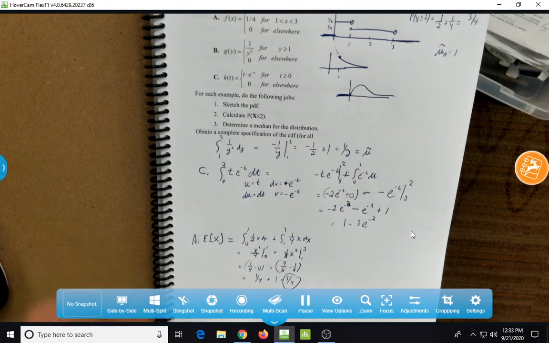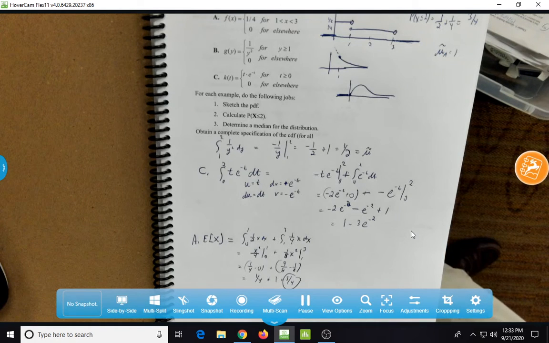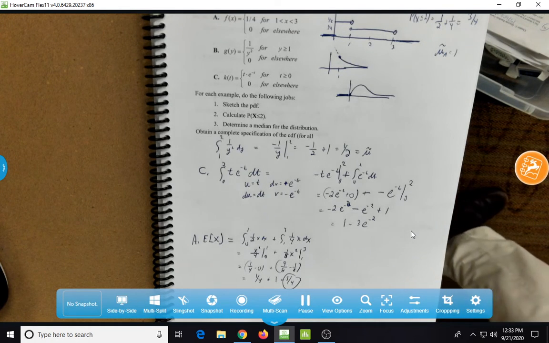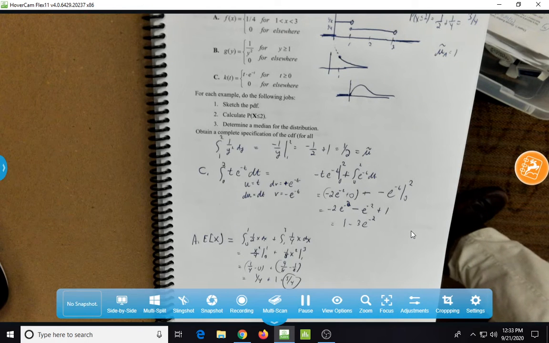That kind of makes sense. The average, the balancing point should be here at 5/4.